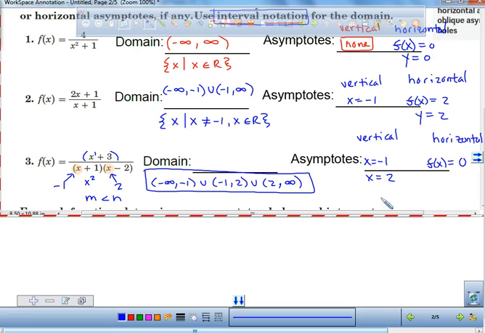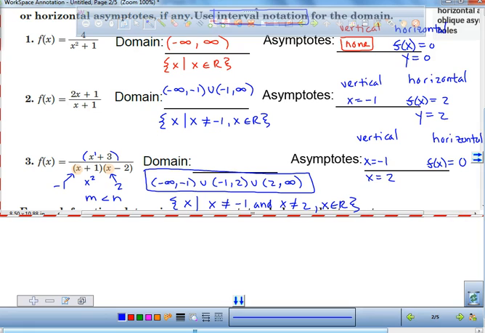Okay? If you were to write it in set builder notation, you'd say the set of all x values such that x cannot equal a -1 and x cannot equal a +2. X is an element of all real numbers.